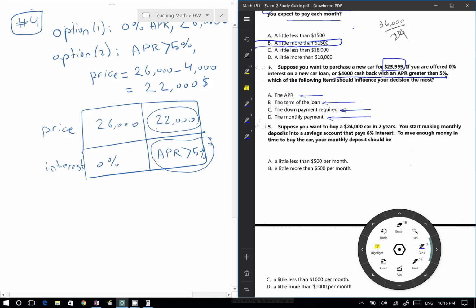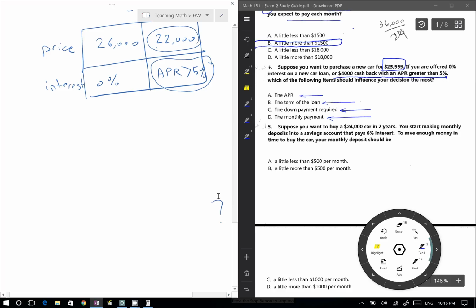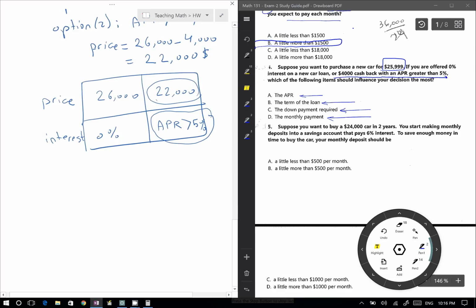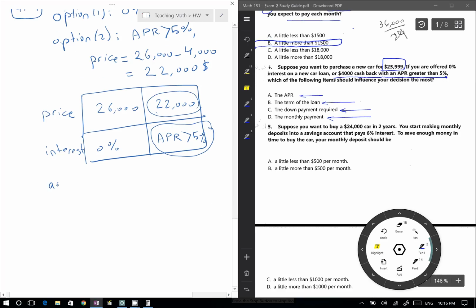So what you have to assume first, we don't know the APR, we don't know the interest, and we don't know the terms. So we have to assume an interest, assume APR to be equal to 6%, for example, because it says it's going to be greater than 5%.